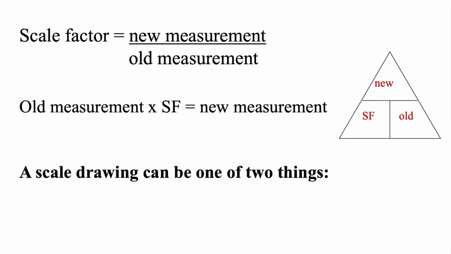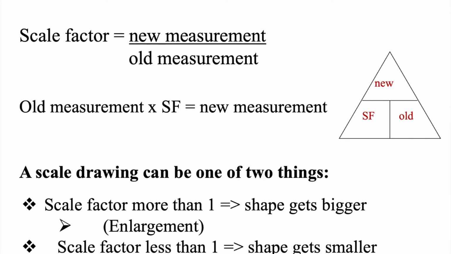And we also covered some introduction on scale drawing, and mentioned that a scale factor which is more than one means that the shape gets bigger, and that is called enlargement or scaling up.